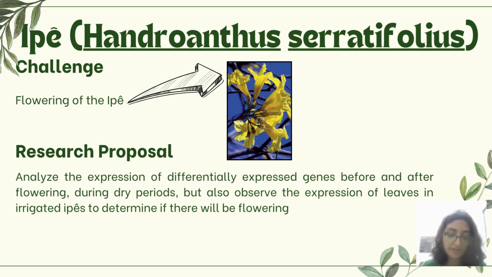At the moment, we have comparative population genomes between two species of Ipês, Handroanthus serratifolius and Tabebuia aurea, and we have analysis of phenotypic classes under water stress, through the analysis of different stress treatments in four Ipê species, Handroanthus serratifolius, Tabebuia aurea, Handroanthus impetiginosus, and Handroanthus ochraceus, showing different species growth.